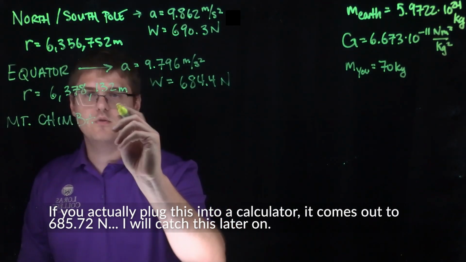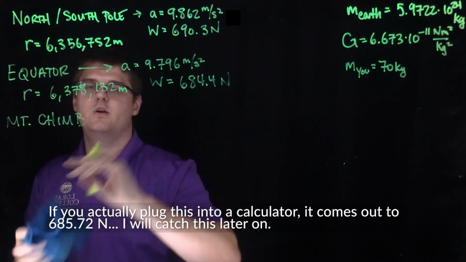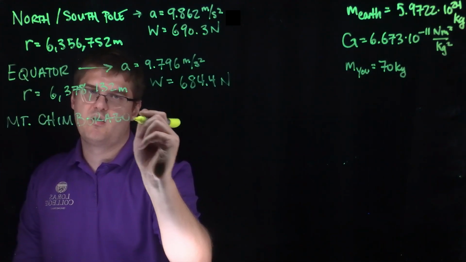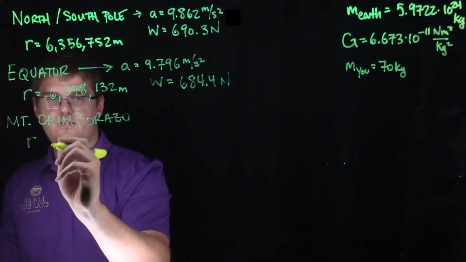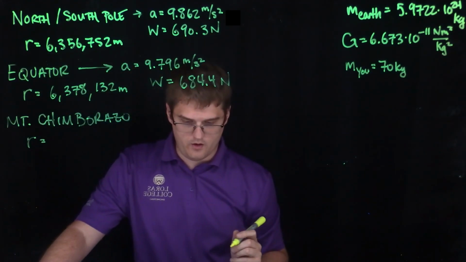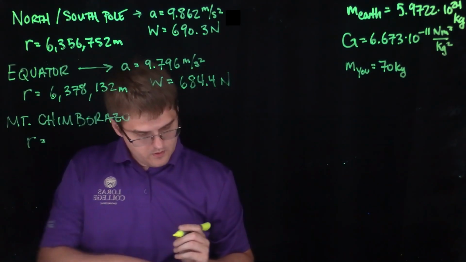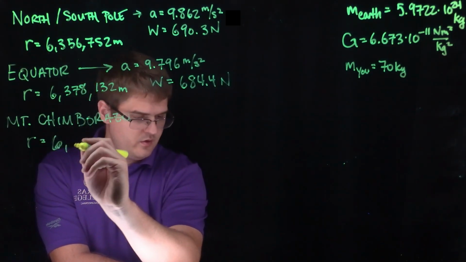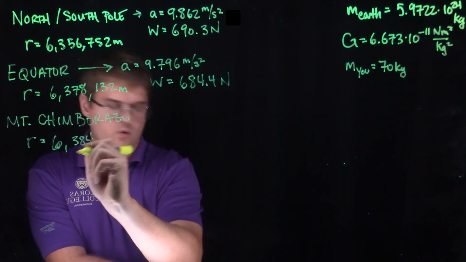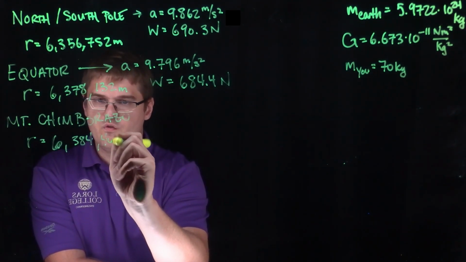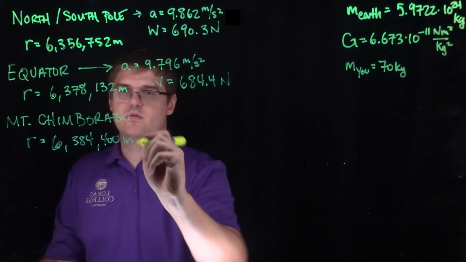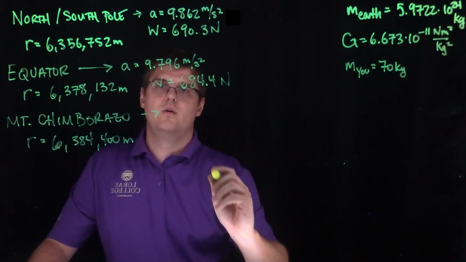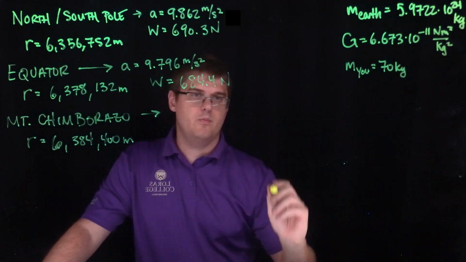Chimborazo, which has a distance from the center of the Earth of 6,384,400 meters. Okay. We're going to go ahead and plug that in.